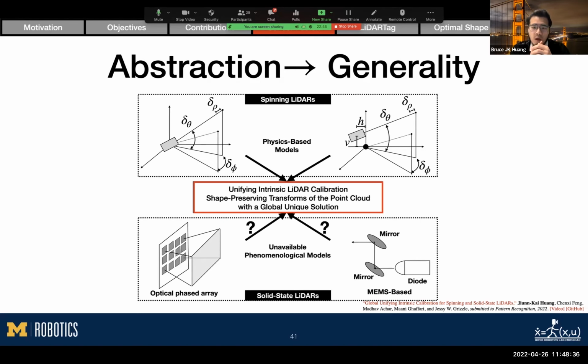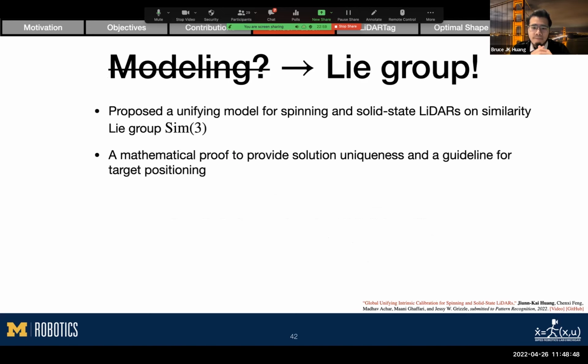In this work, we propose to abstract away from the physics of a LiDAR, so that the calibration model can be applied to LiDARs with different working principles. We use the matrix Lie group to model the calibration parameters. It results in a unified view of calibration for different types of LiDARs.